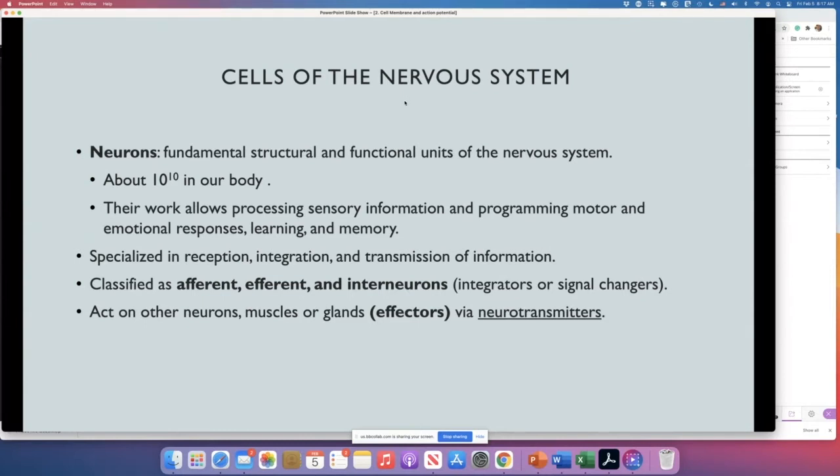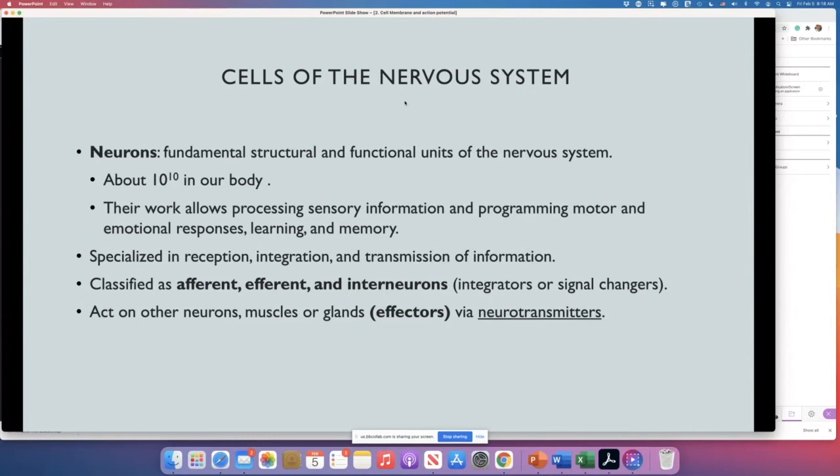The neurons are connected to each other. They receive information from thousands of other neurons, allowing them to process and integrate that information and determine which is the best motor action or effect that we need to perform at every moment.